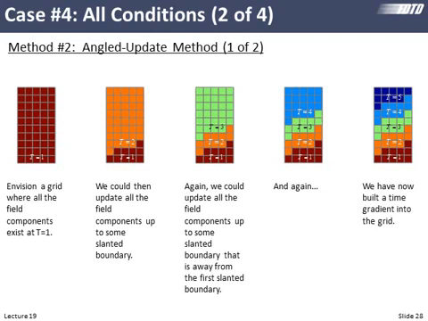Notice, by doing this, we've built in this time gradient into our grid. And this is the key for the angled update method. Because remember, at one side of the boundary, we need field values from the past, not an issue. But on the other boundary, we need field values from the future. And since we've built in this time gradient, we can actually grab values from the future, because notice on the other side of the grid, we do have future time values.